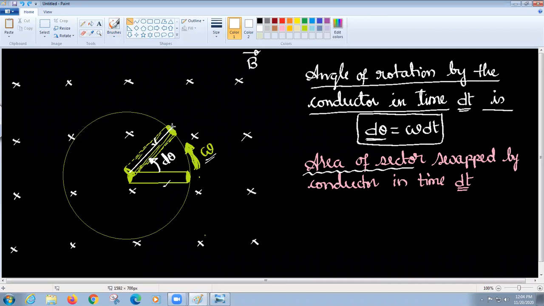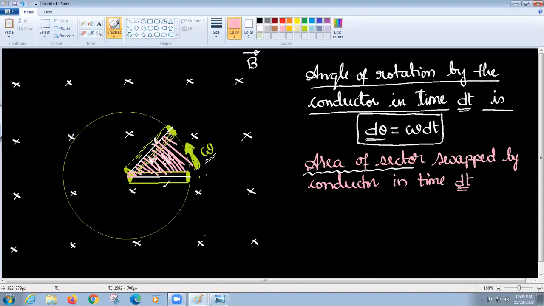Okay, this is my sector. I'm taking the reference lines here. So I'll show the area like this. Okay, so this is my area.